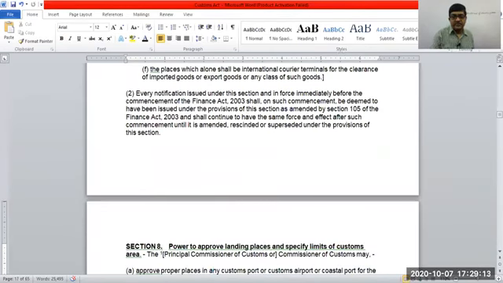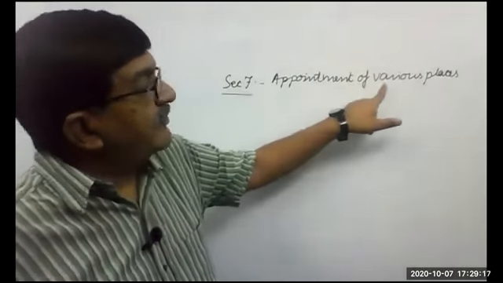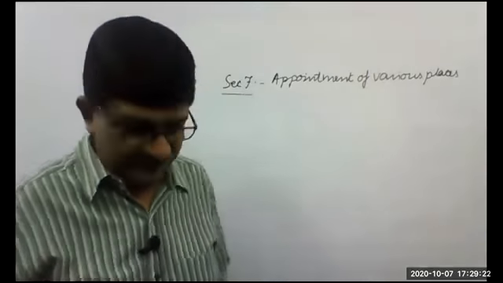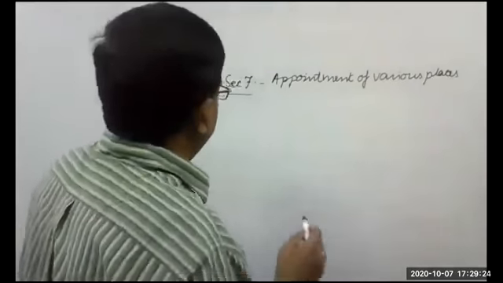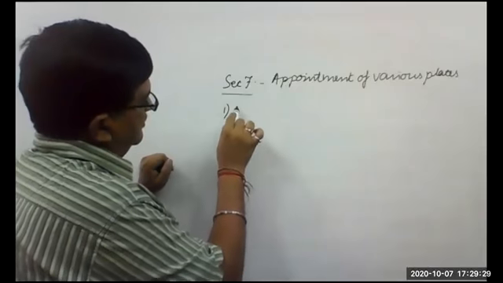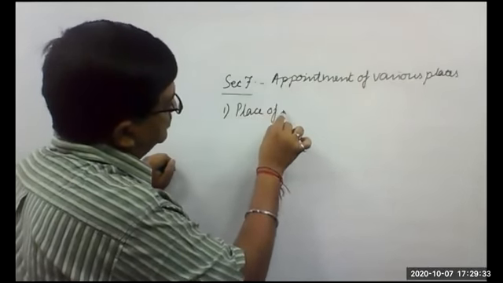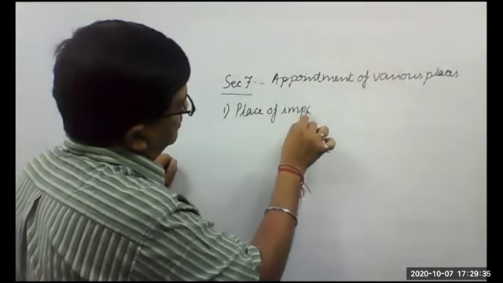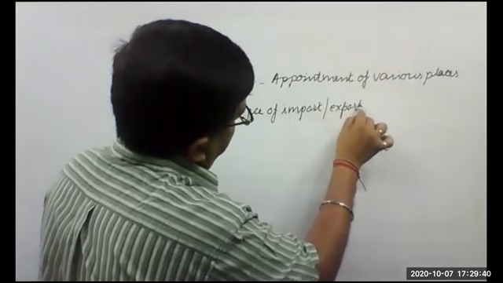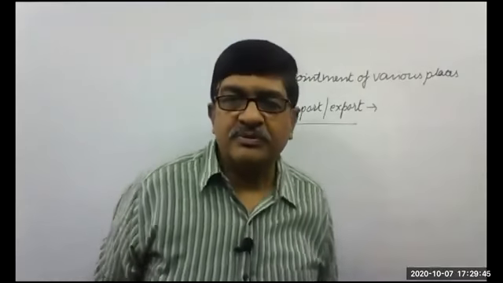Now, see here. Appointment of various places. Which are these places? Number 1, I will say place of import or export.